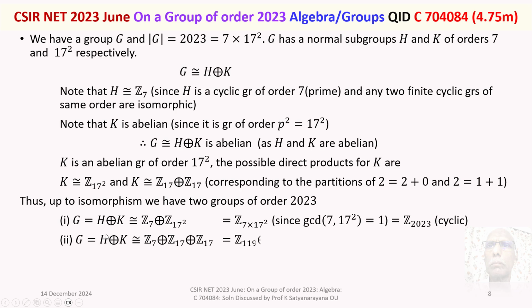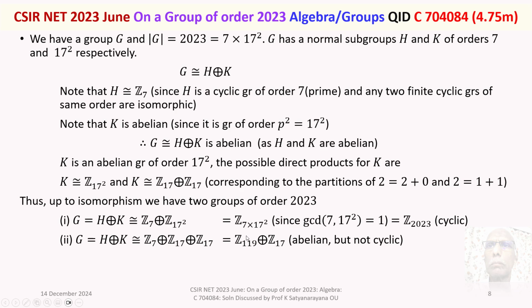What is the second one? G is the direct product of H and K, that is isomorphic to the direct product of the subgroups Z7 ⊕ Z17 ⊕ Z17. For K, Z17 ⊕ Z17. This is the second possibility. And 7 and 17 are relatively prime. Therefore, Z7 ⊕ Z17 is Z119, so we get Z119 ⊕ Z17.